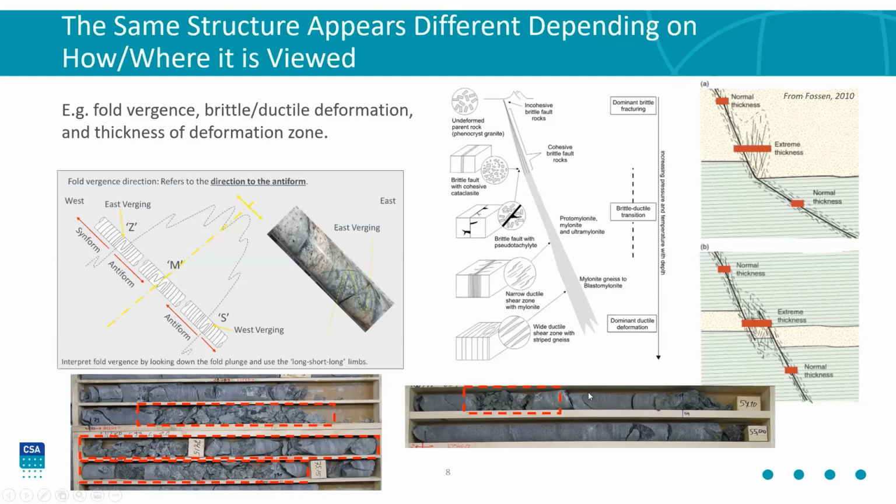In the other drill core, you've got a very narrow, sort of 20 to 40 centimeter wide zone of deformation, and it could be quite easy to miss that little structure. But those two are interpreted as the same structure, and so bear in mind that things might look different depending on how you're looking at them.